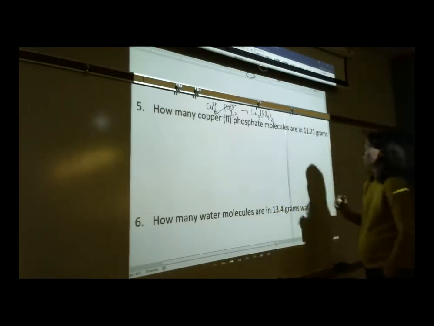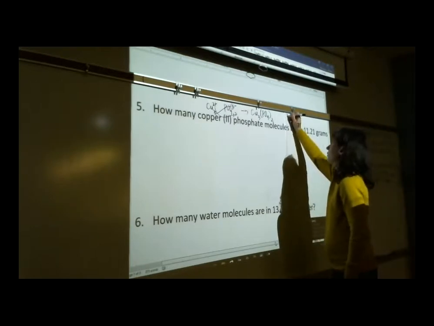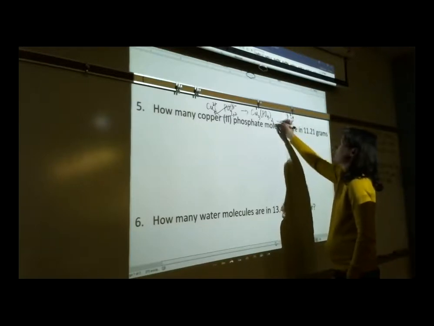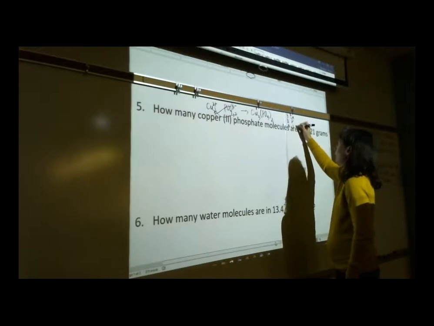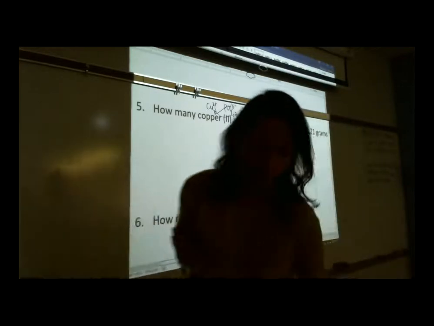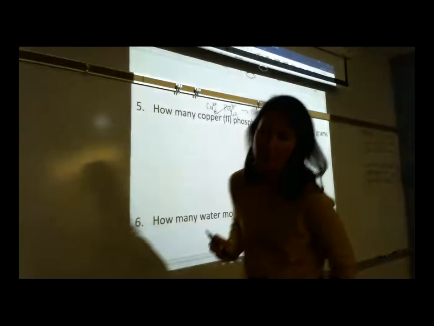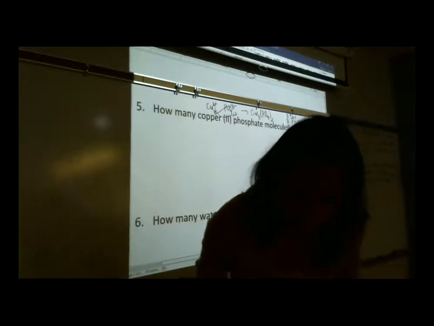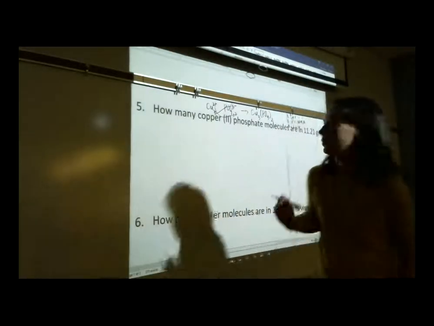And so its molar mass would be 3 times copper, 2 times 1, 2 phosphorus, 2 times 4, 8 oxygen. So oxygen is 16, I don't remember the decimal places for phosphorus, 30.974. I don't remember the decimal places for copper, 63.546.